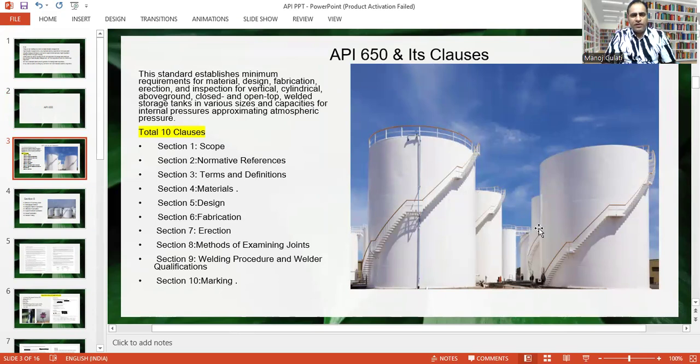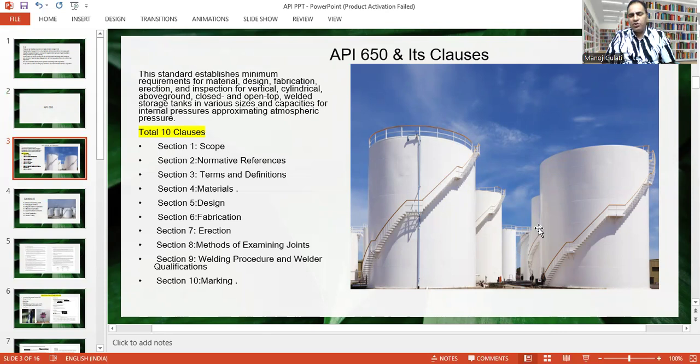The API 650 standard establishes the minimum requirements for the material, design, fabrication, erection, and inspection of vertical, cylindrical, aboveground, closed and open top welded storage tanks in various sizes and capacities, for internal pressures equal to atmospheric pressure.